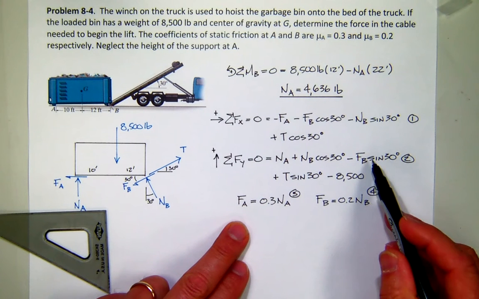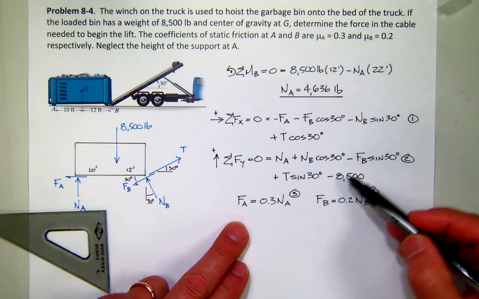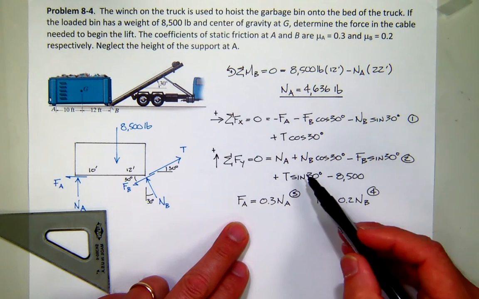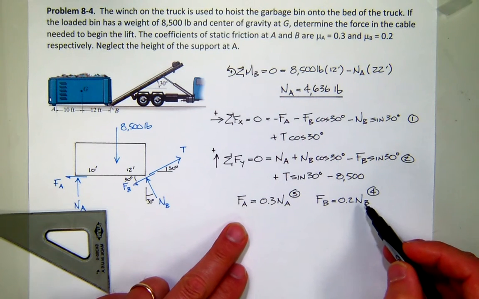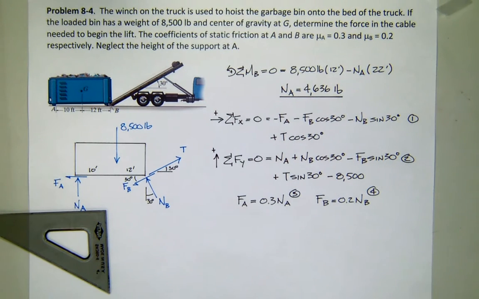Force at B, normal B, T. So I could reduce these to two equations in the normal at B and T, and then solve those resulting two equations. You should be able to solve for T. It would take some time.